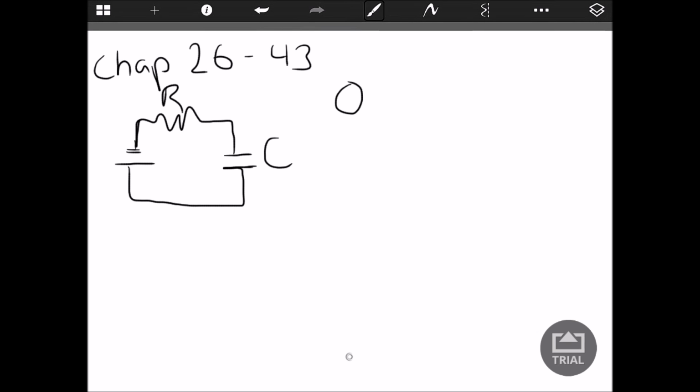So we can say Q, the charge, equals the final charge times 1 minus e to the negative t over our time constant RC.